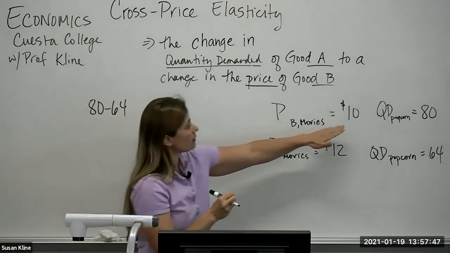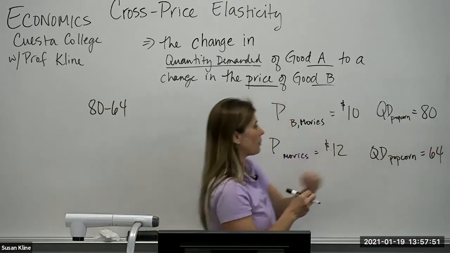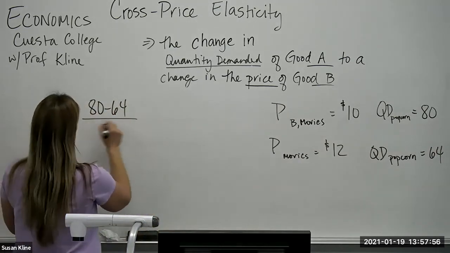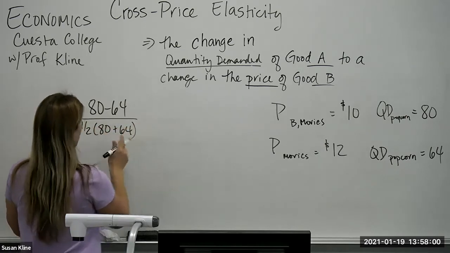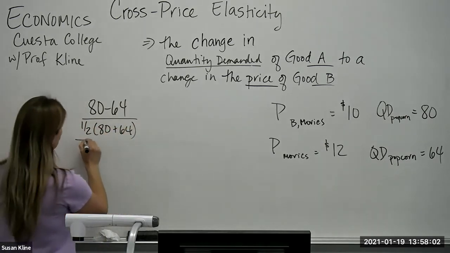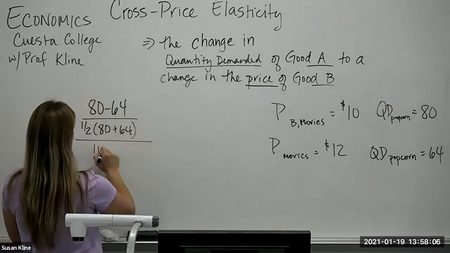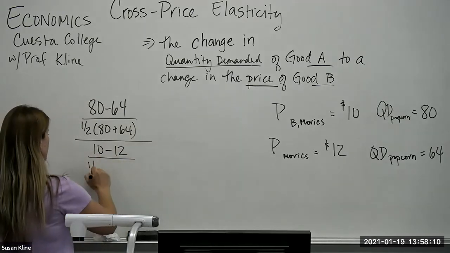So if I start with information about $10, then I need to start with the information about 80 units of popcorn. So the difference, and then the halfway point. And we'll come back and we'll simplify that in just a moment. And so if I start with 80, right, then I need to start with 10 and subtract 12. And then again, the halfway point.